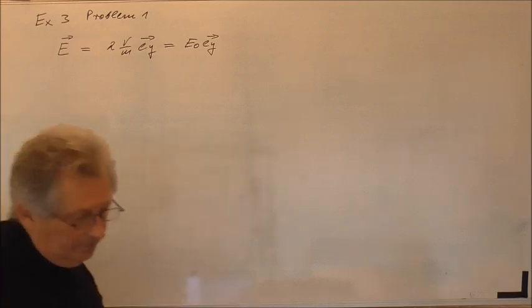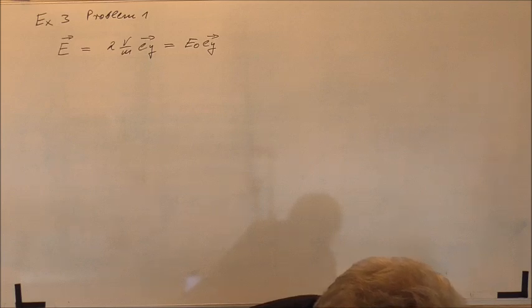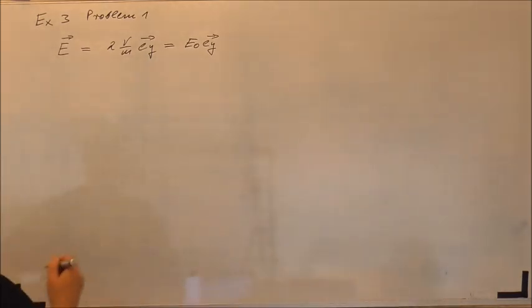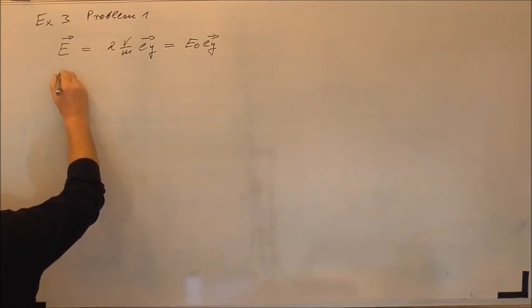The question is, first calculate the absolute value of the magnetic field and give the unit vector of its direction. So we know that the magnetic field, of course, must be perpendicular.